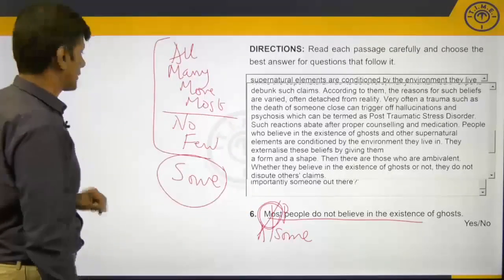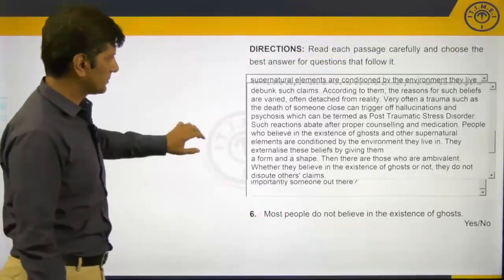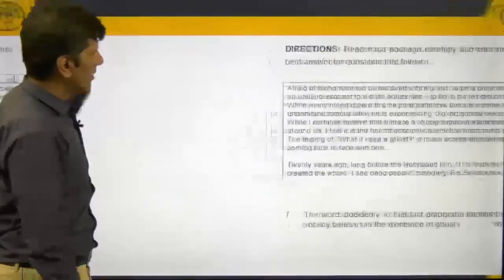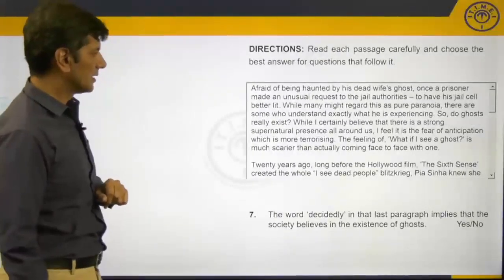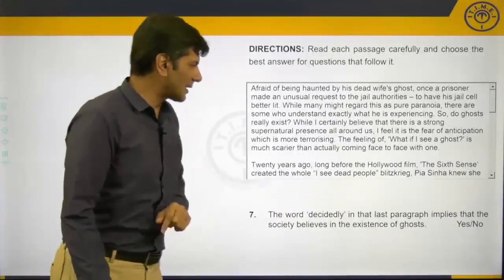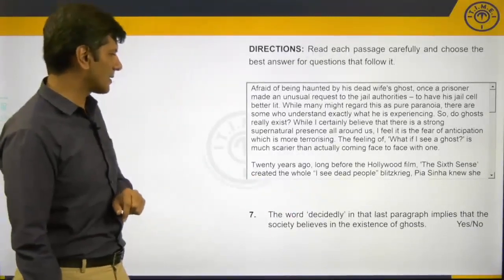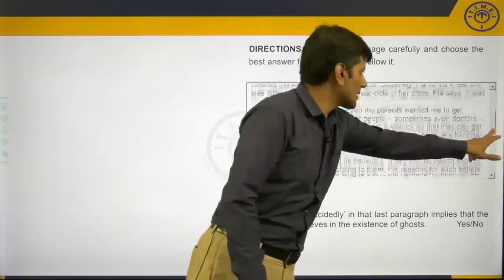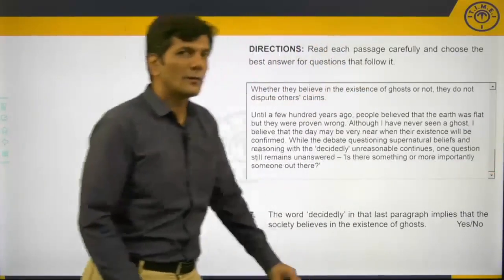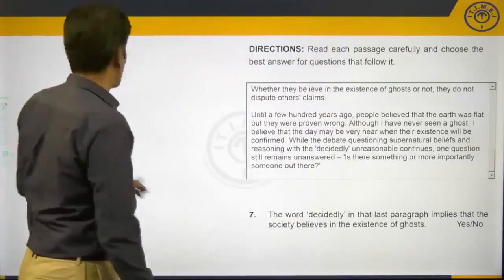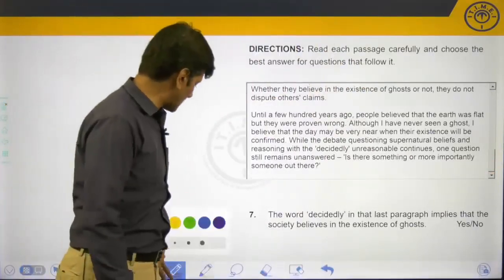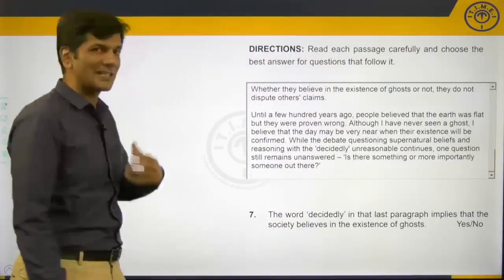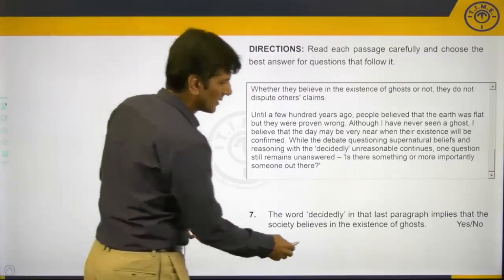Let's take a look at the next question, number 7. On your screen, question number 7: the word decidedly in the last paragraph implies that the society believes in the existence of ghosts. Now let's go to the last paragraph. If you were to look at this particular question and try to classify it as a question type, what would that be?